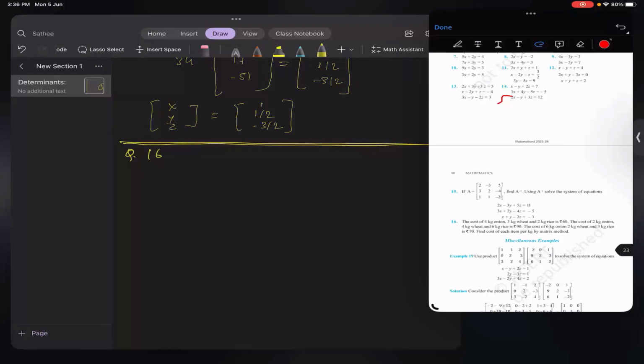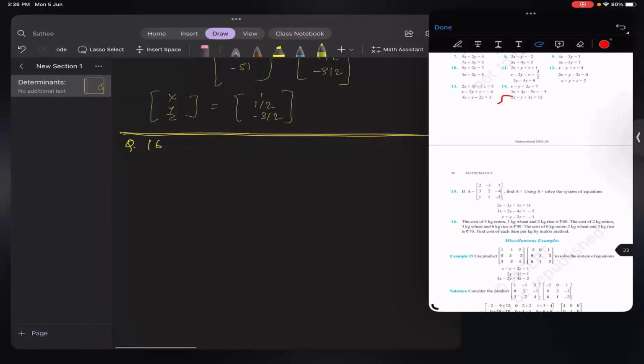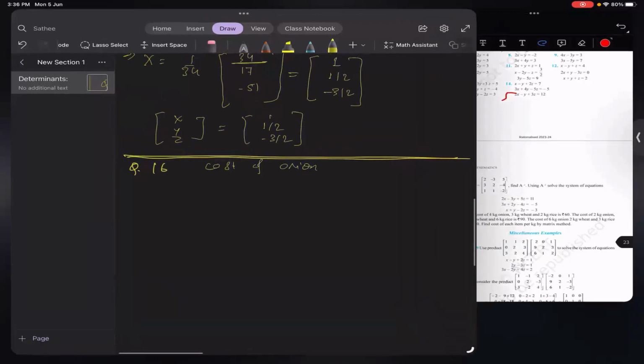Okay. So we can assume, let's say, the cost of onion is x, the cost of wheat is y, and the cost of rice is equal to z. Okay.